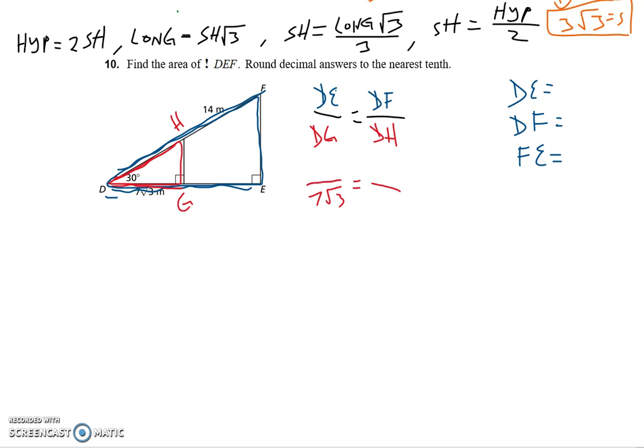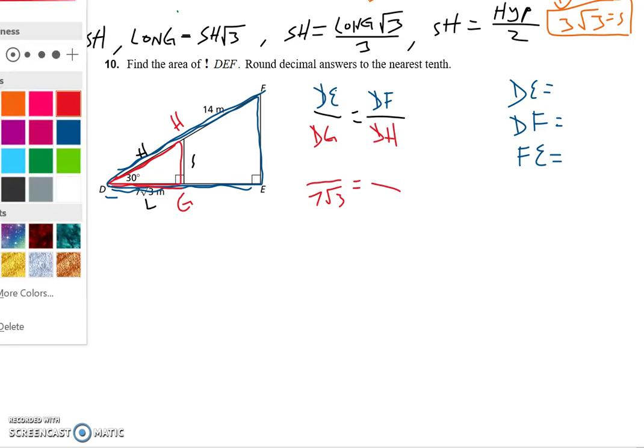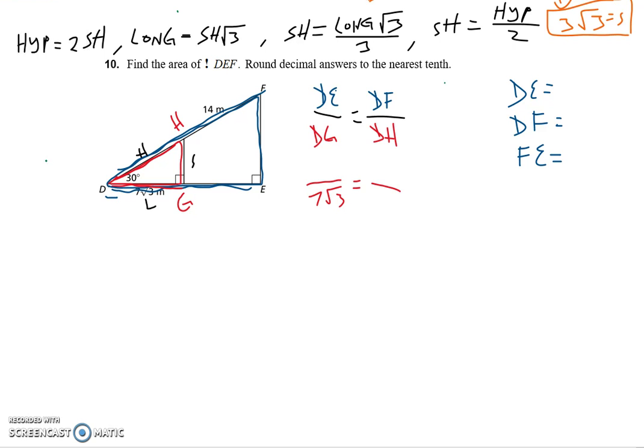So what we need to do is use the special right triangle. This is 7 square roots of 3, so that's the long, this is the short, and this is the hypotenuse for this red triangle. So I'm going to change to another color. So we have the long, then let's use this one here.